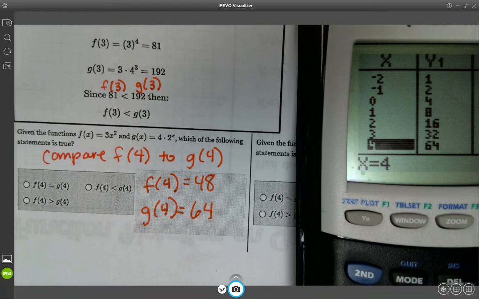So you do g of x, 4 times 2 raised to x. That's close, but it's supposed to be times x. Yeah. And then let's go 4. 60.